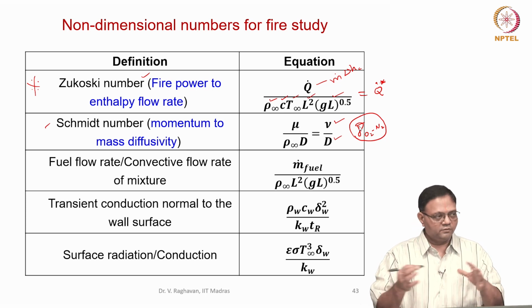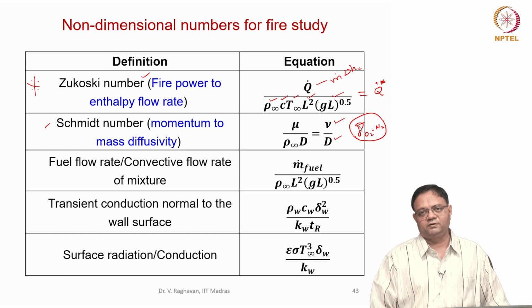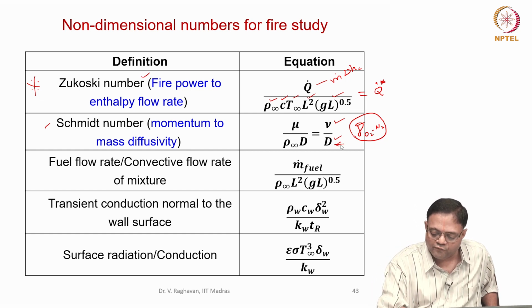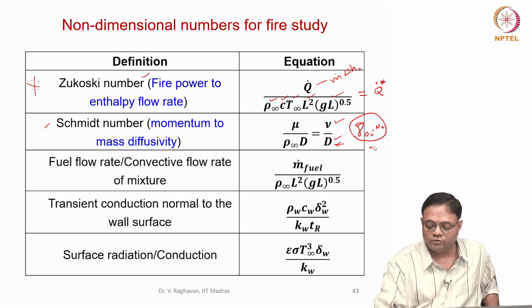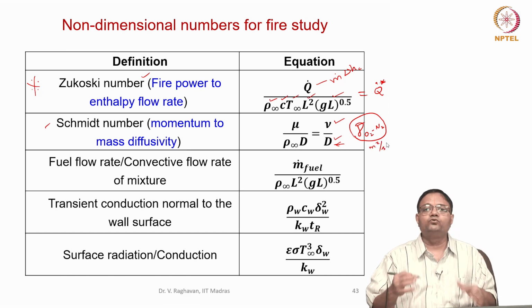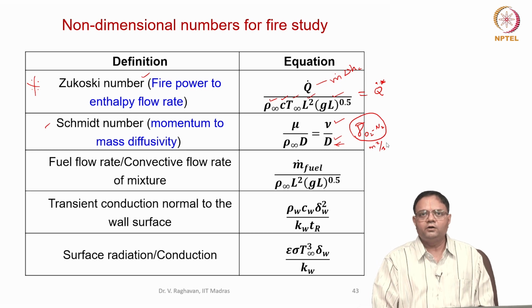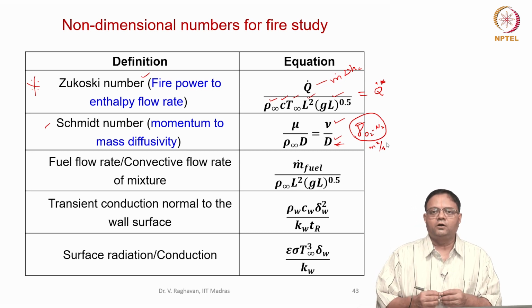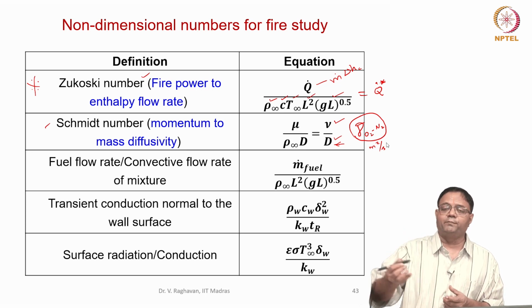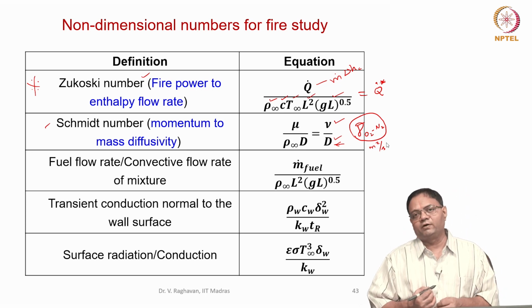Now, in a scenario where a lot of species are present, I have to calculate some effective diffusion coefficient. Both have units of meter squared per second. For this we use some mixing rules. Or in a simple manner, normally when you use air, a lot of nitrogen is present, so the products of combustion also have a tremendous amount of nitrogen.